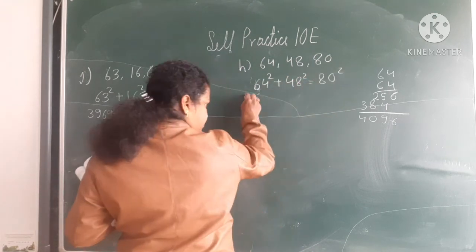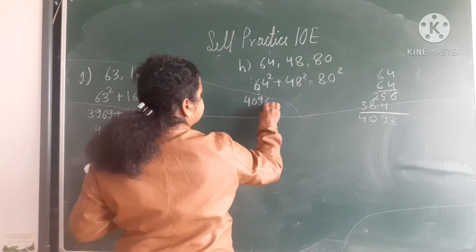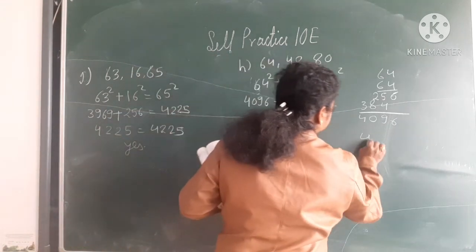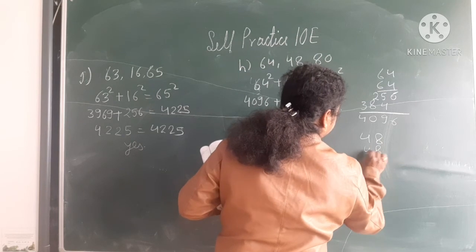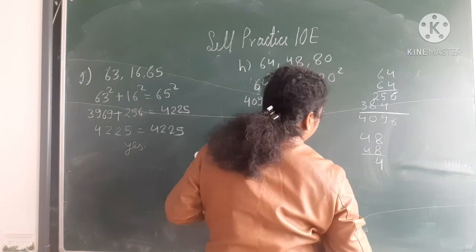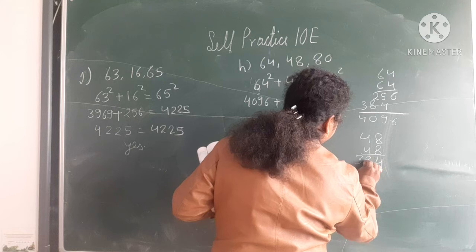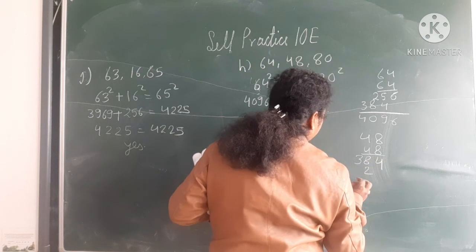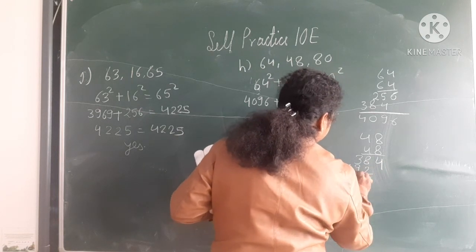So 4096 plus what is your 48 square? 8 8s are 64, 8 4s are 32, plus 6 is 38, 4 4s are 16, 19.